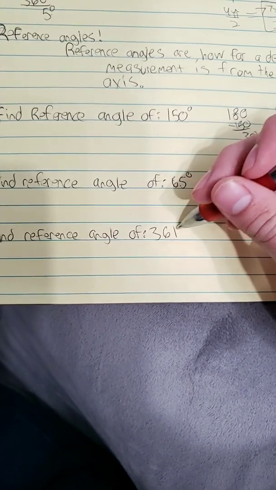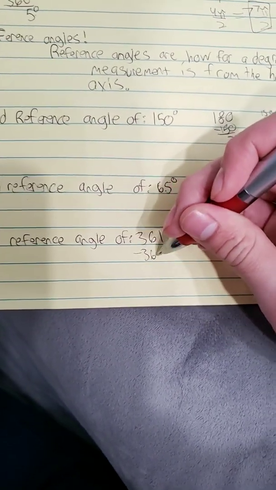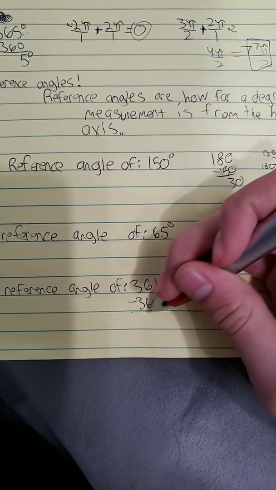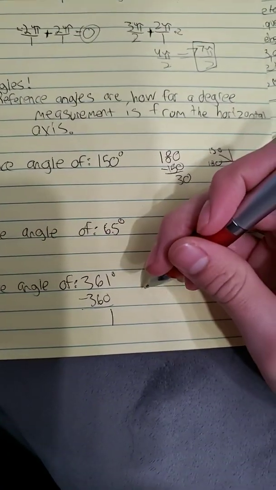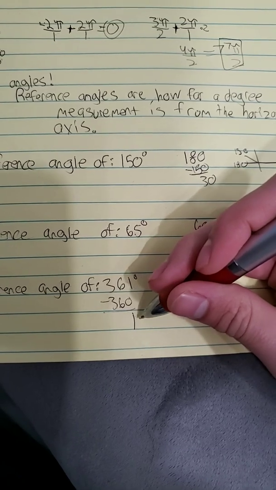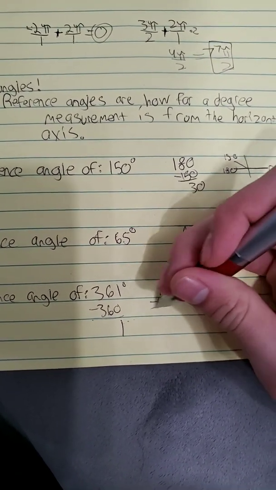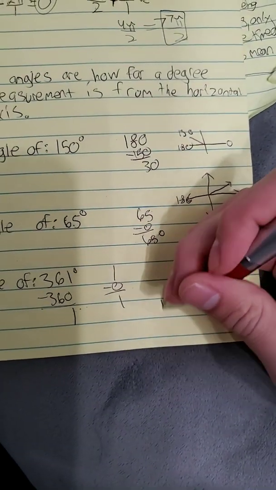Now this is a two-step problem. Since this is too big, we have to find a coterminal angle first, which we learned previously, that you have to subtract by 360 degrees, which is 1 degree. 1 degree is closer to 0 than 180. So you go 1 minus 0. So the answer is 1.